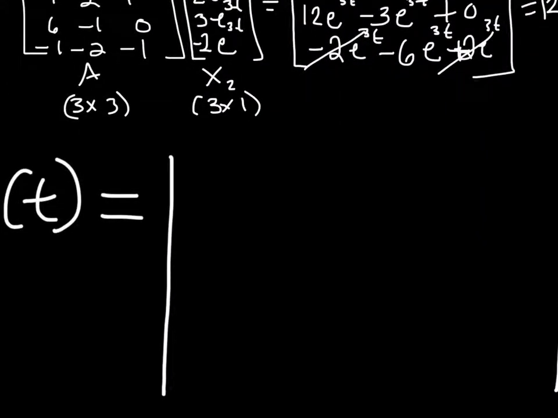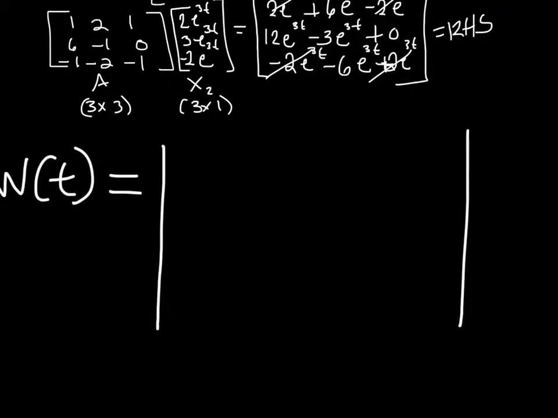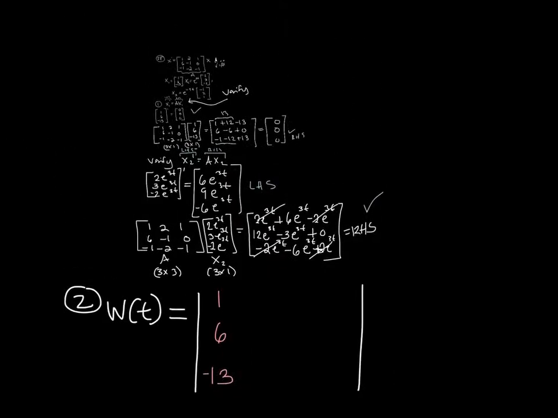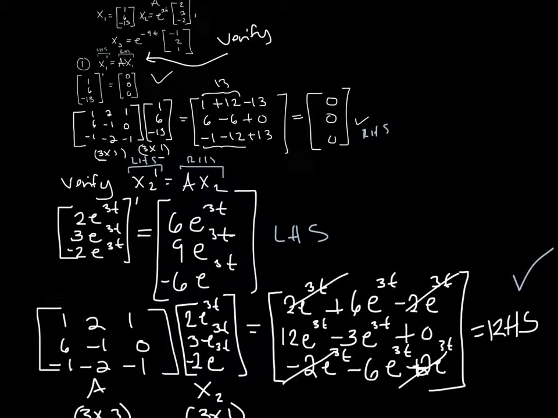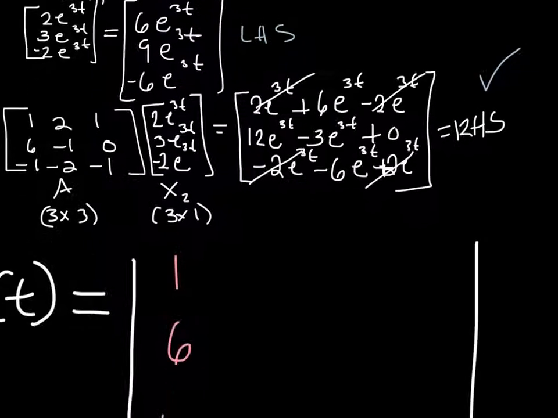Make that a little bit smaller. And the next solution, with the function t, is going to be e to the 3t, 2, 3, negative 2.